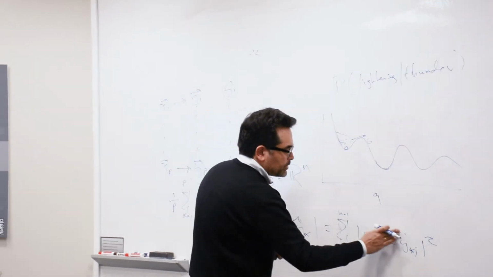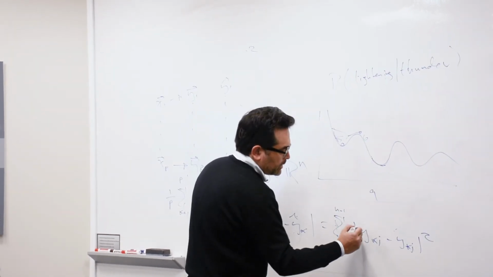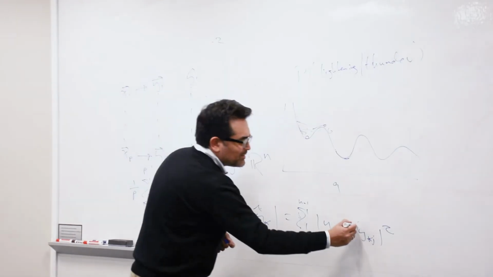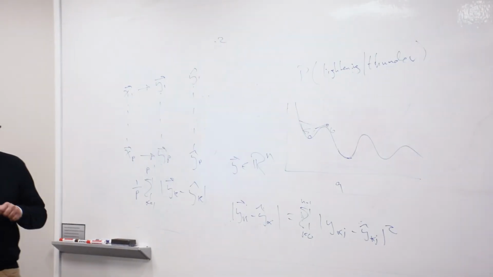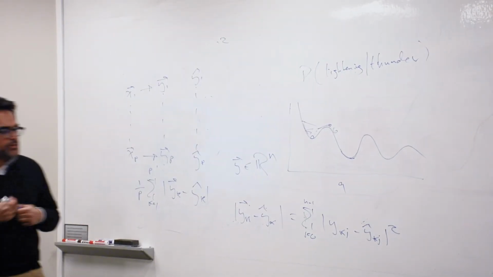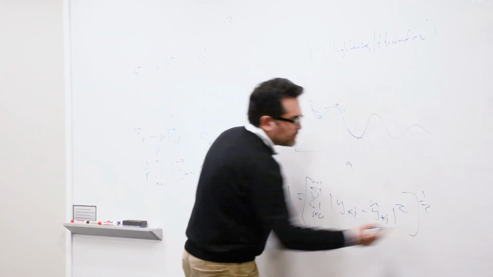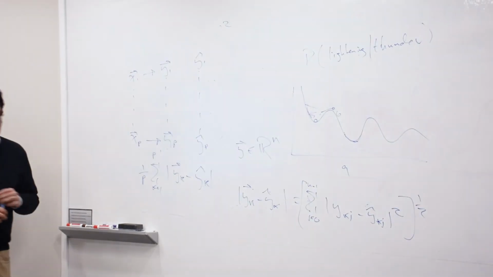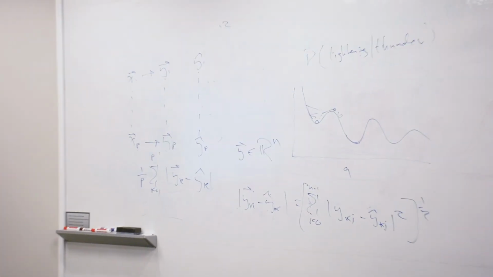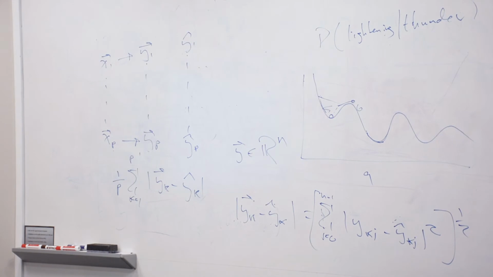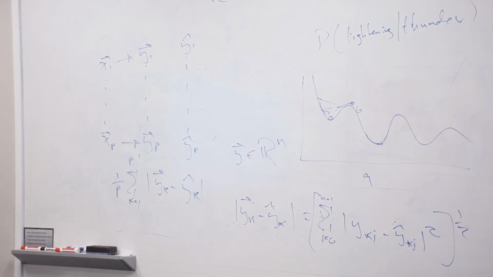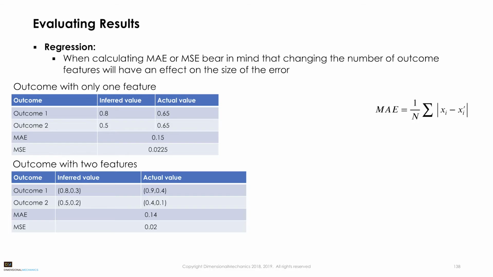So it's actually, I should do it that way. Yeah, sorry, and then you have to take the square root of that. And that's basically the norm, so taking that as the mean absolute error. And so then you just sum over that and average over the whole thing. And so in this case, the MAE is 0.14 and the MSE is 0.02.